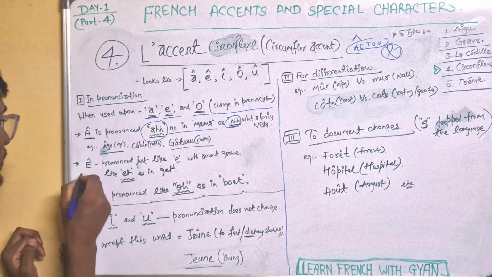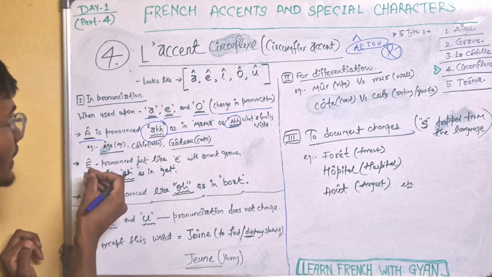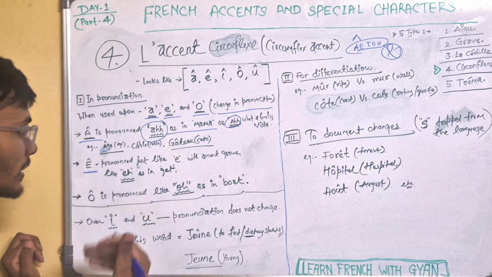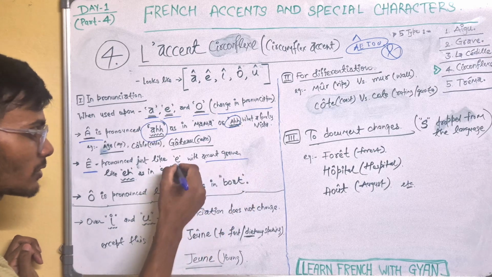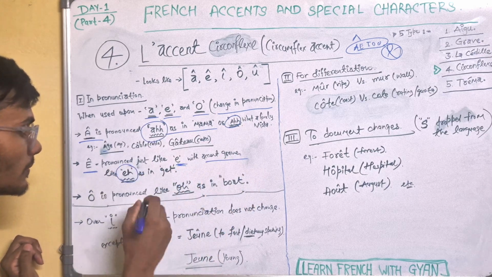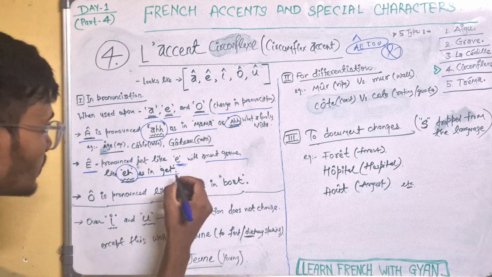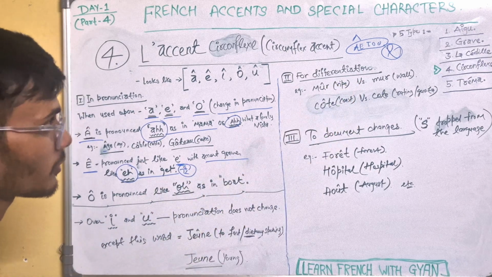Then let's talk about this e. First we have done a. Now on e we have the accent circumflex here, and we are going to use this sound as in the case of the accent grave on e. This basically is a sound we have already read in our earlier part on accent grave.